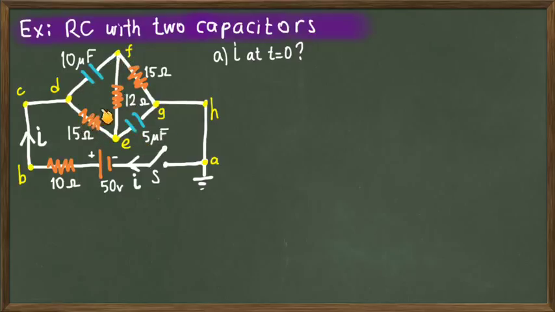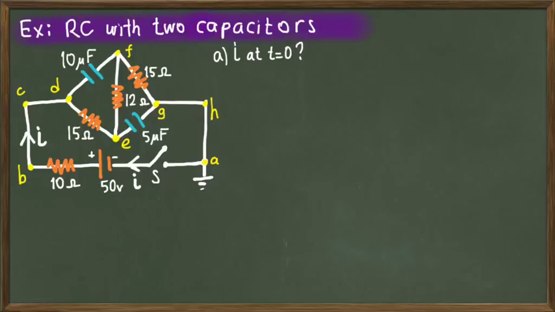In that case, these 3 resistors will be connected in parallel between points D and G. So first we can find the equivalent resistance between points D and G, and then these equivalent parallel resistors are connected to this 10 ohms resistor in series. You can calculate the equivalent resistance of the circuit, and then find the current provided by this 50 volts battery by using Ohm's law.